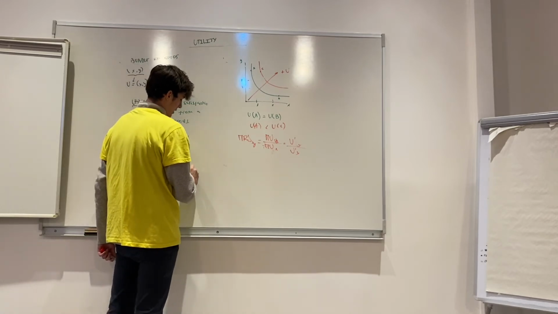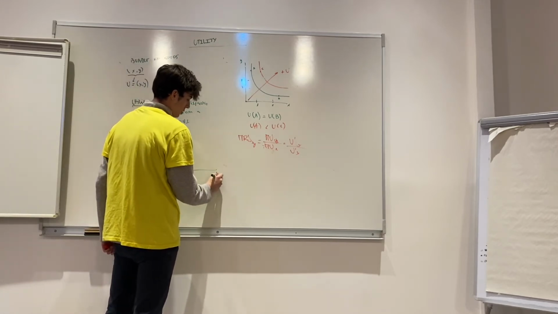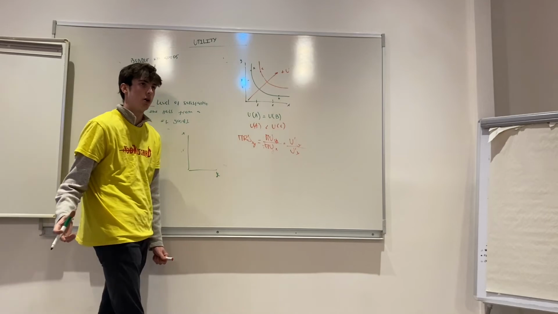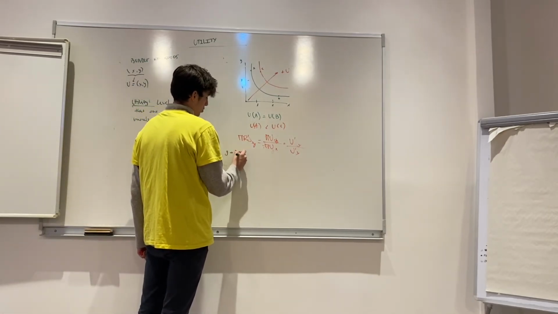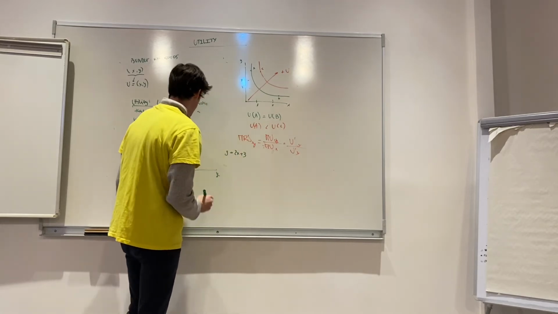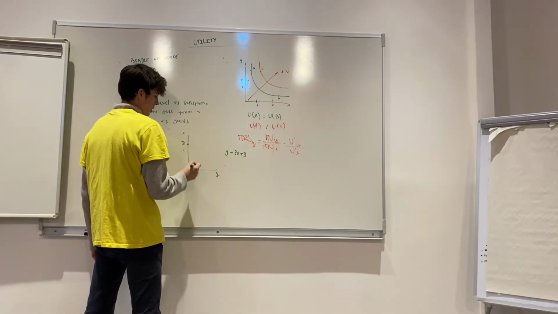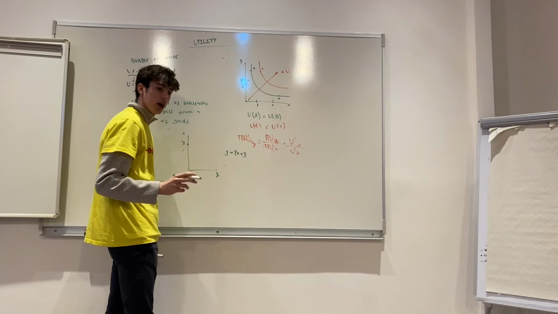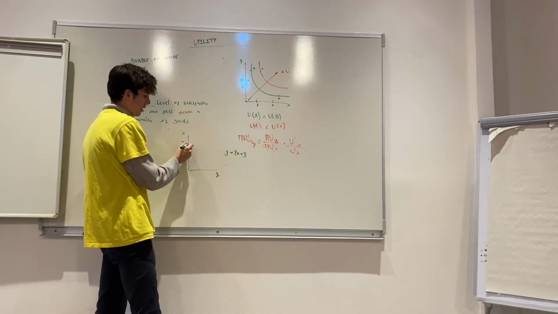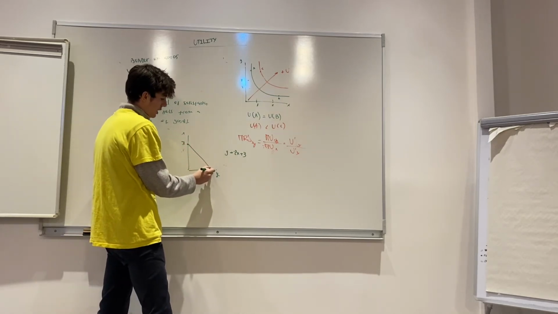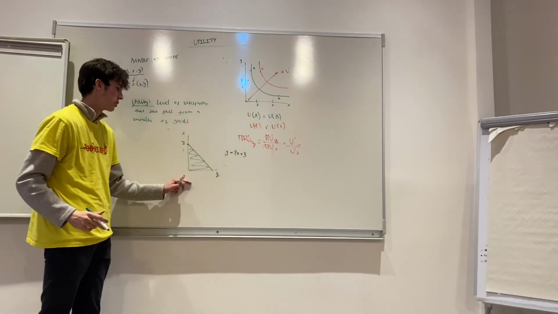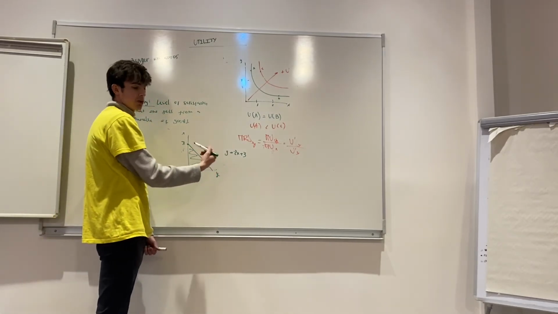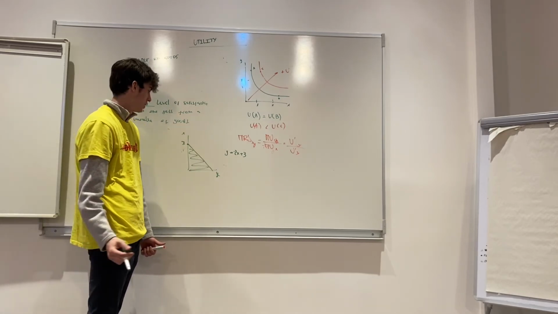Imagine we have X amounts and Y amounts, and a consumer's budget line would be something like y equals 2 minus 2x. Let's imagine that at this point here, it's going to go down, and everything under it is bundles that the consumer can buy, and everything over it is bundles that the consumer can't buy.